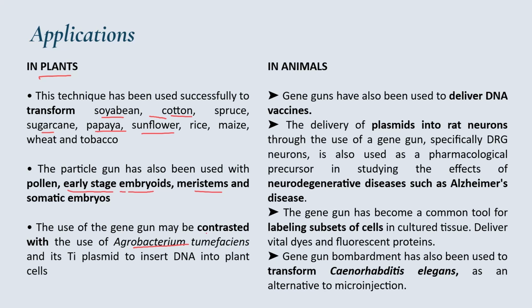Because it can be used in situ mode. So instead of infecting a plant with Agrobacterium tumefaciens, we can directly transfer the gene of interest using the gene gun. And in animals, gene guns have also been used to deliver DNA vaccines, then plasmids into rat neurons, then labeling subsets of cells, and transforming C. elegans and all such.